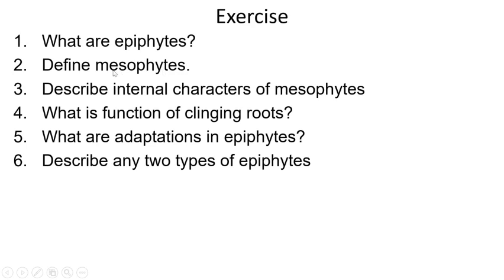Mesic habitat means moderate supply of water and moisture. Third question, describe internal characters of mesophytes. Fourth one, what is the function of clinging roots? To fix the plant on the host. What are adaptations in epiphytes? And last one, describe any two types of epiphytes.